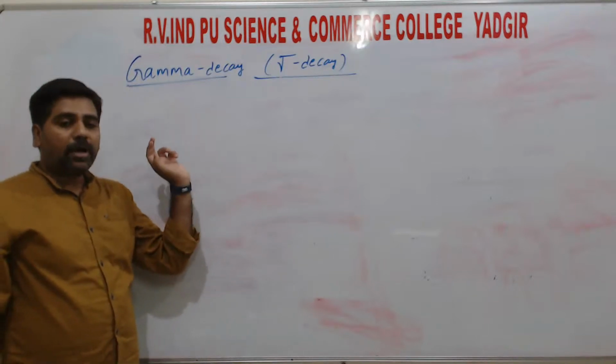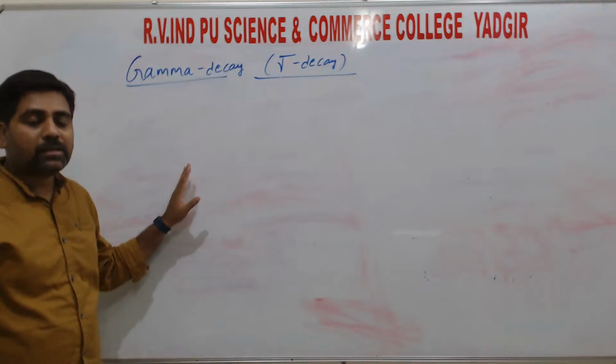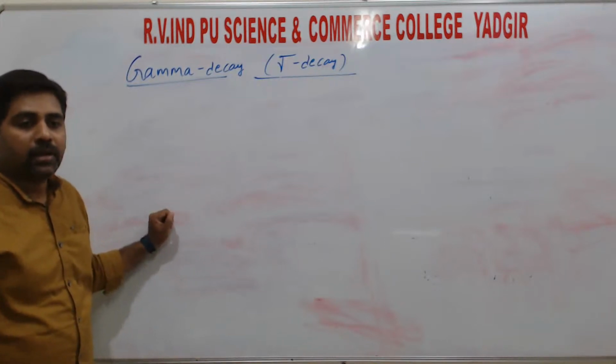So here in gamma decay, the mass number and the atomic number remain the same as that of the parent nuclei, right?